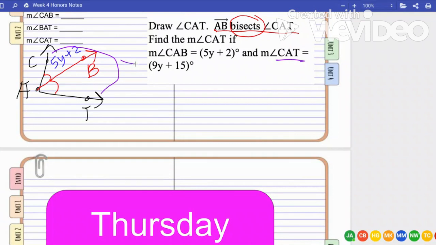Is going to equal 9y plus 15. Well, the part that we're missing is angle BAT, but angle BAT has to be the same size as angle CAB, so that means that angle BAT has to be 5y plus 2.